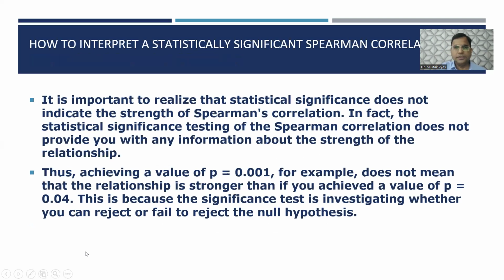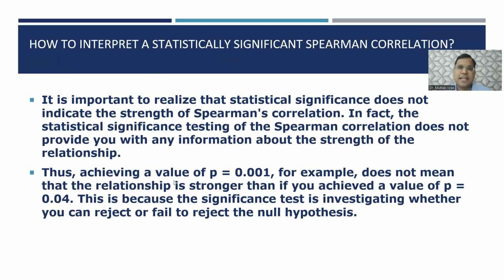Now, how to interpret a statistically significant Spearman rank correlation? It is important to realize that statistical significance does not indicate the strength of Spearman correlation. In fact, the statistical significance testing of Spearman correlation does not provide you with any information about the strength of the relationship.